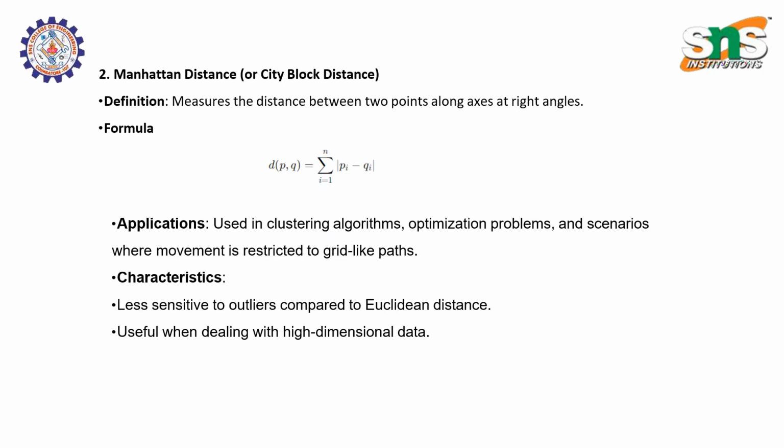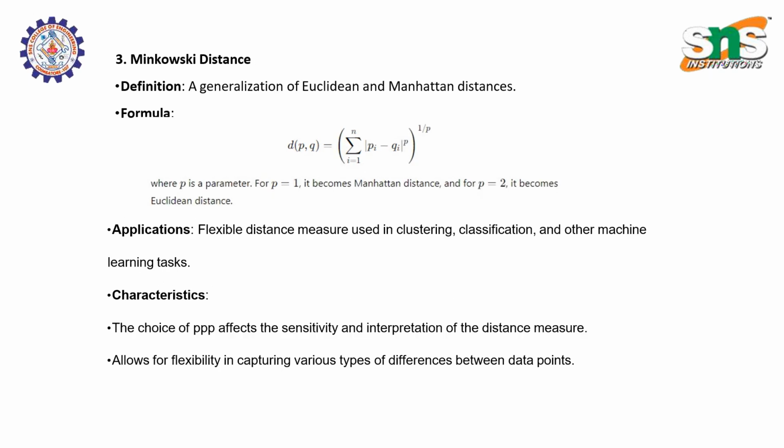Manhattan distance. The definition is that it measures the distance between 2 points along axes at right angles. The application is mainly used in clustering algorithms, optimization problems, and scenarios where movement is restricted to grid-like paths. Less sensitive to outliers compared to Euclidean distance, useful when dealing with high-dimensional data.